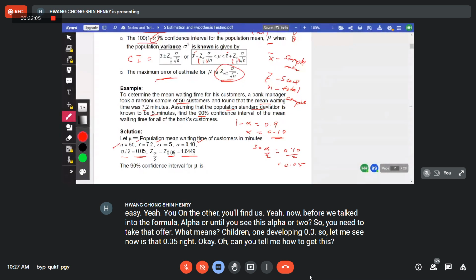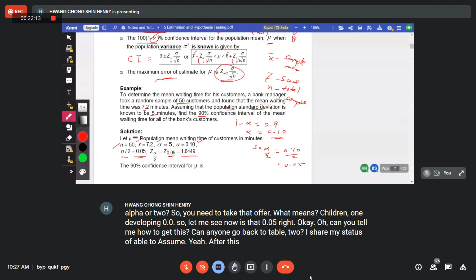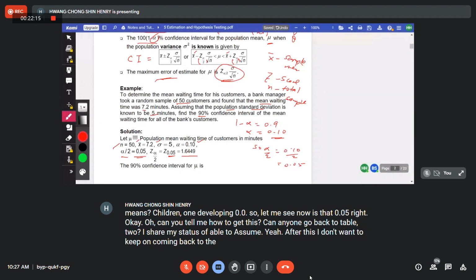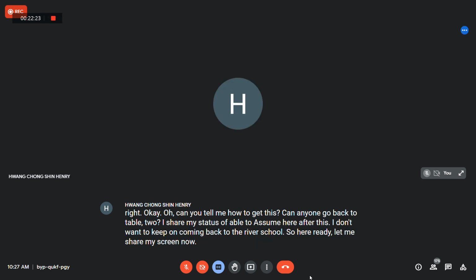Can everyone go back to table 2? I share my screen first. Table 2. I show one time only. After this, I don't want to keep coming back to table 2.